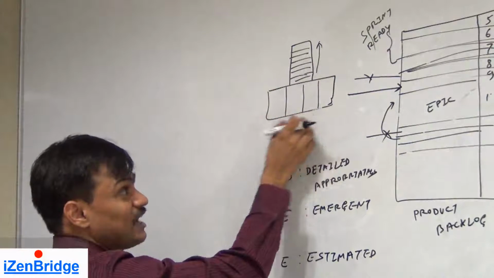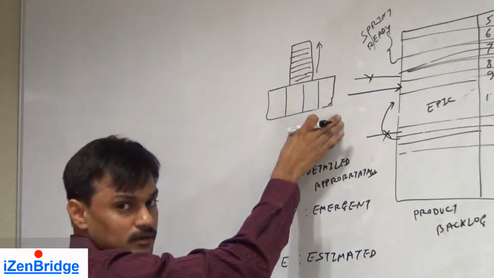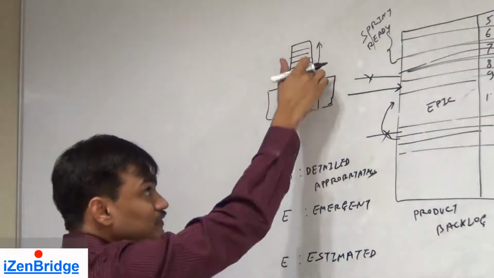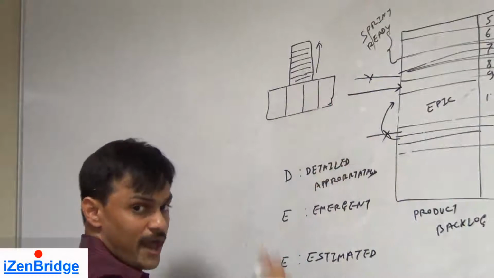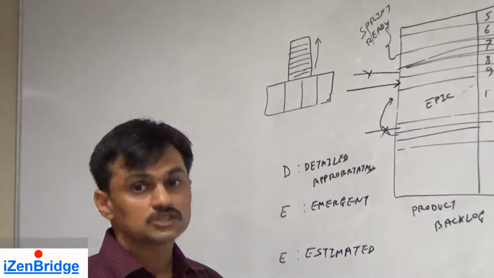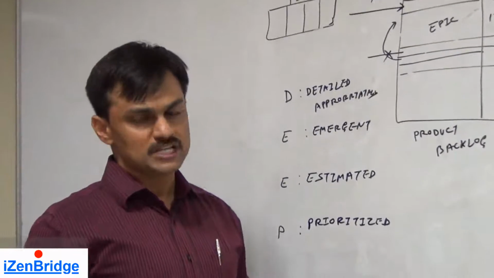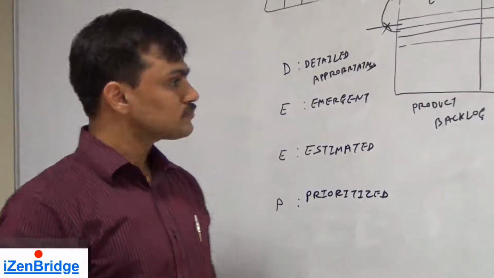We are not spending time in prioritizing these items because it would be a waste. Last responsible moment. Once we are done with it, then we would be knowing which one should be prioritized when. So it's a prioritized list of items. The top 2-3 iterations are prioritized well, the rest can remain at the bottom as a collection.